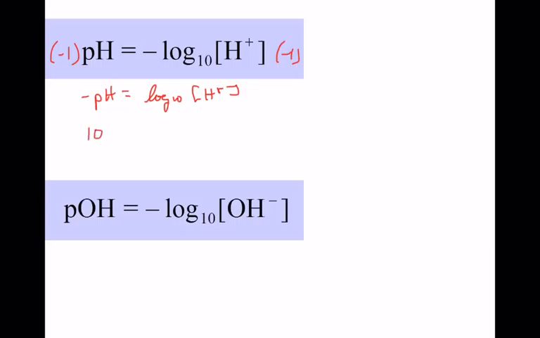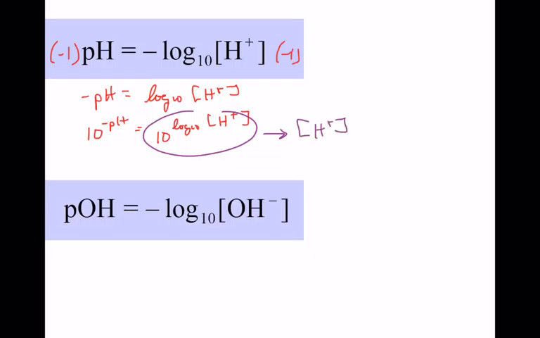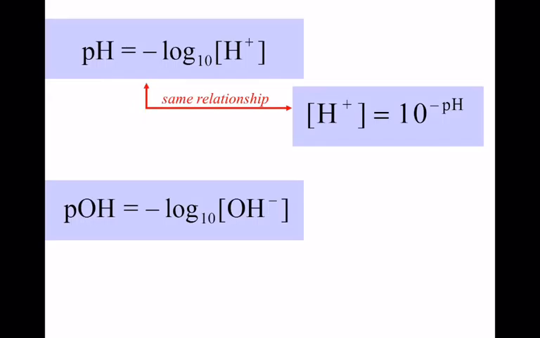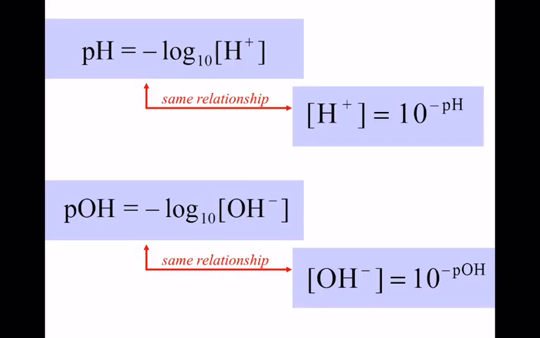If I take 10 raised to the negative pH is equal to 10 raised to the log base 10 of the hydrogen ion concentration, this simplifies to the hydrogen ion. So that's why this relationship is true. 10 raised to the negative pH is equal to the hydrogen ion concentration. Similarly, 10 raised to the negative pOH is equal to the molar concentration of the hydroxide ion.